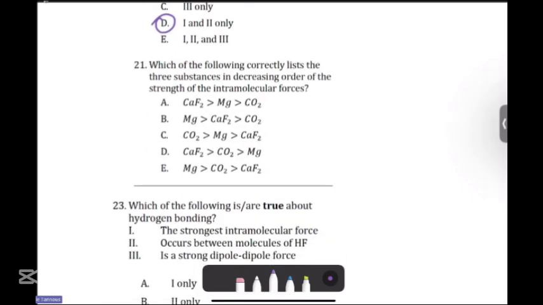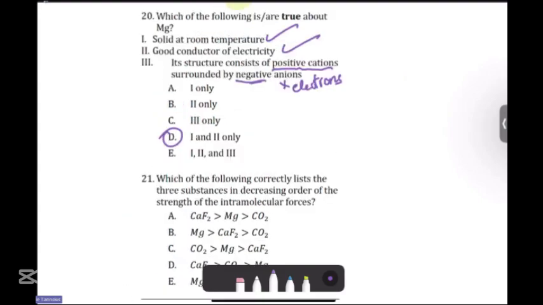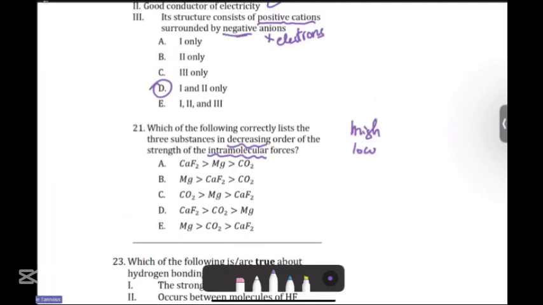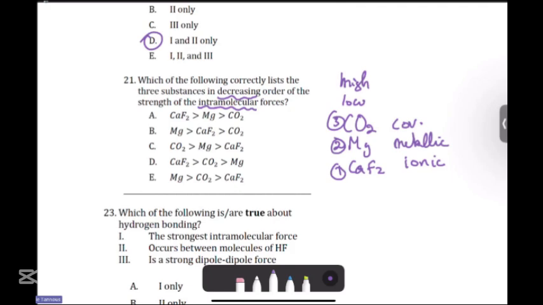Which of the following correctly lists the substances from high to low forces of attraction? Here CO2 is covalent, Mg is metallic, and CaF is a metal and a non-metal, ionic. So that's the highest, then second and third.